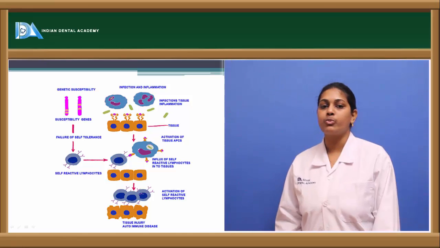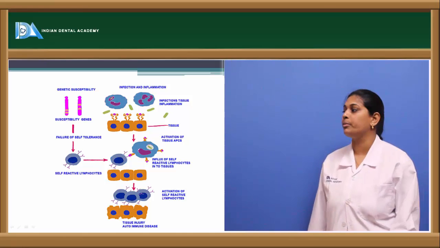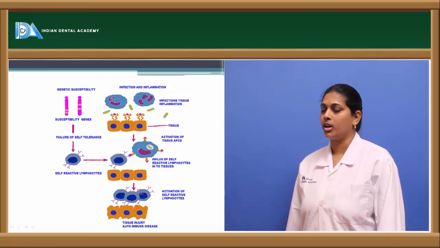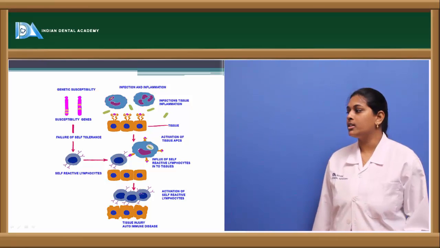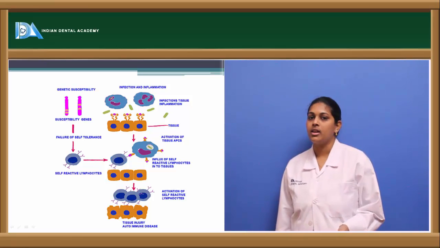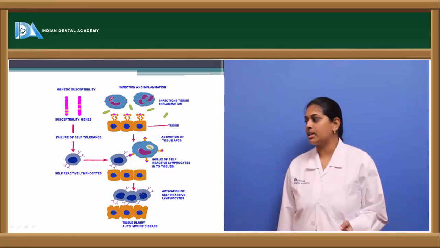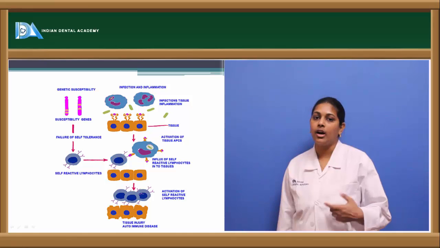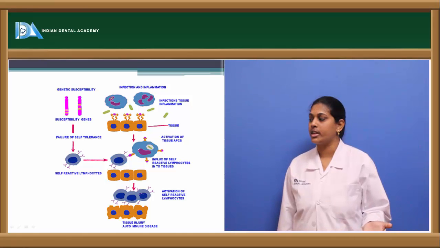Whereas in cases of specific conditions like infection or inflammation, once the tissue is infected or inflamed, this causes the activation of the antigen presenting cells. These antigen presenting cells cause the activation of the T lymphocytes, as we have seen in the functioning of the T lymphocytes.